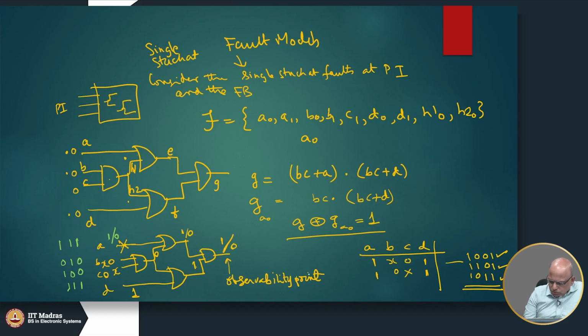Okay. So, 3 vectors and the output is 1 for good circuit, 0 for faulty.